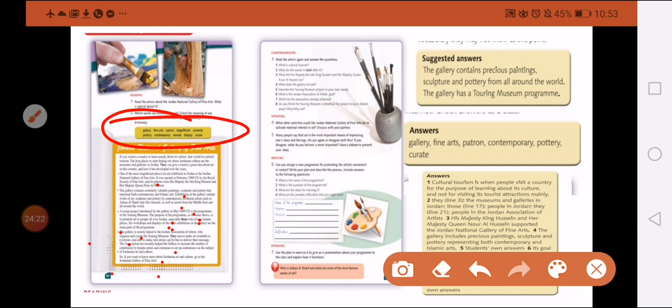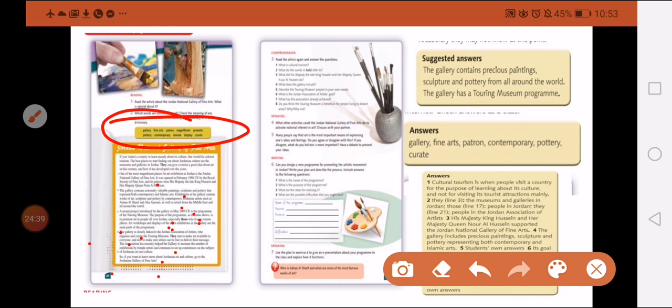Art workshops and displays of the main exhibitions in the gallery are the main parts of the program. إذن معارض وورشات عمل هي الأساس لهذا البرنامج.